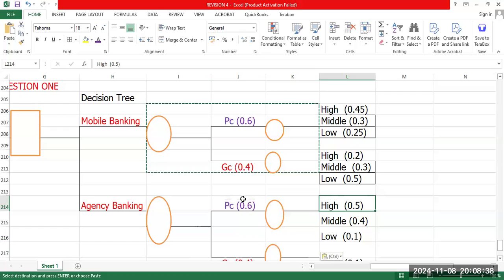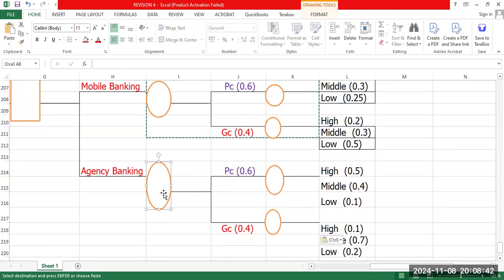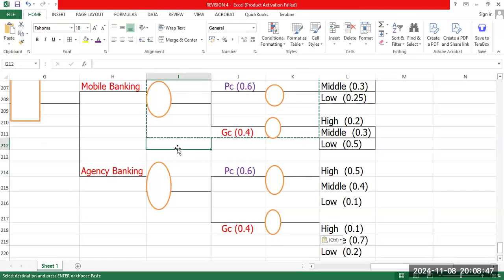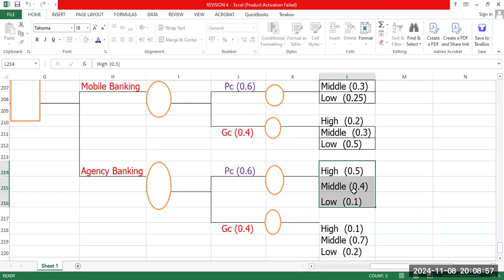We are here, let me hope it is making sense. Still under agency banking, you have platinum customer, you have gold customer, and also the probabilities. Are we together, colleagues?